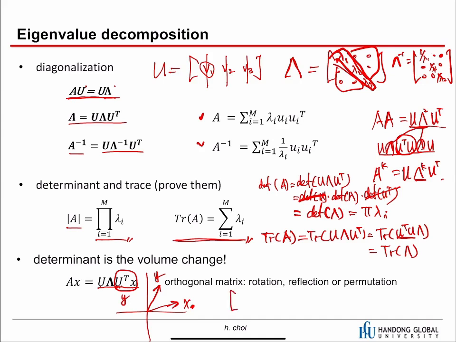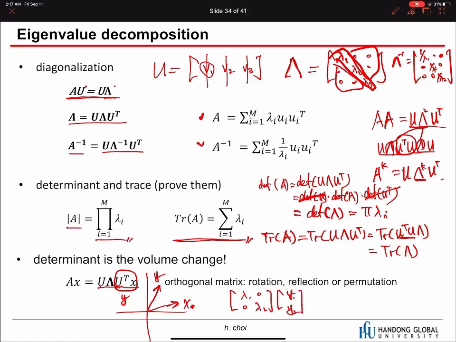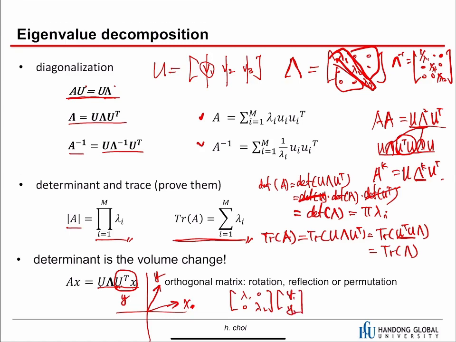So in the two-dimensional space, it is lambda 1 and lambda 2, and we multiply it with the vector Y. Okay.